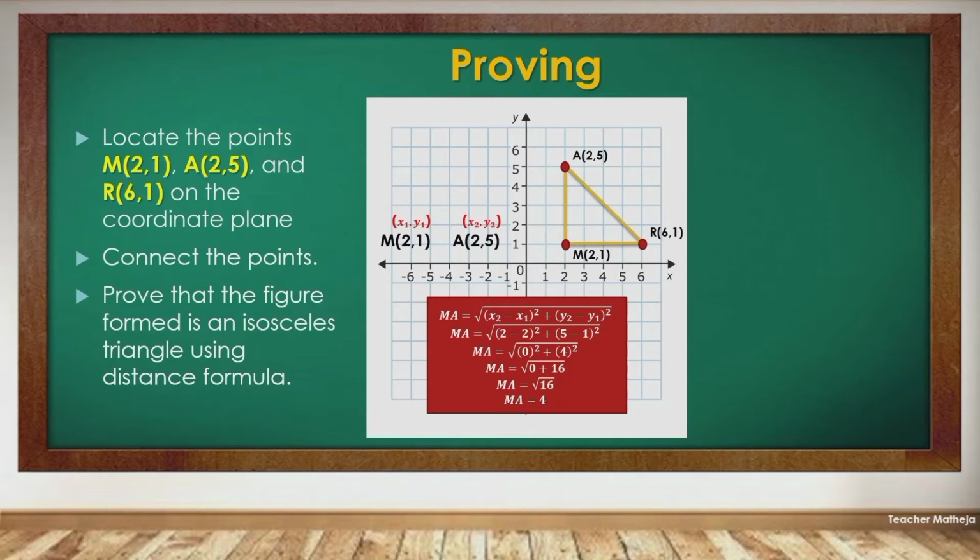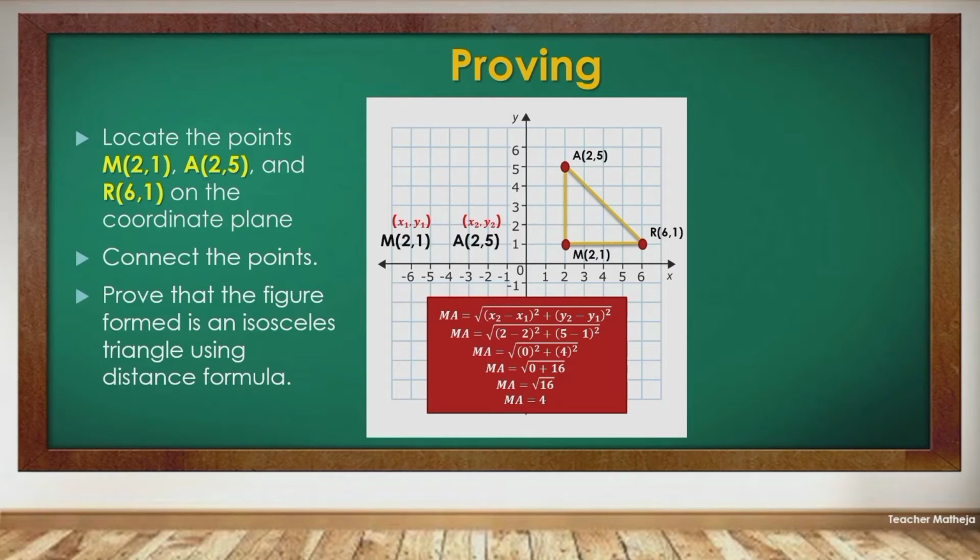Then y sub 2 is 5 minus y sub 1 which is 1, so 5 minus 1 is 4. Then 4 squared is equal to 16, and 0 squared is 0. So 0 plus 16 is 16, of course. And the square root of 16 is 4. Why is it that we have only 4?